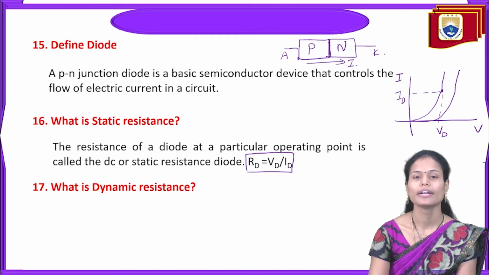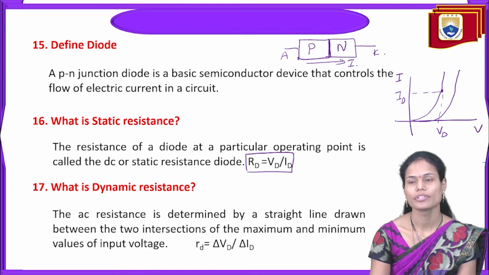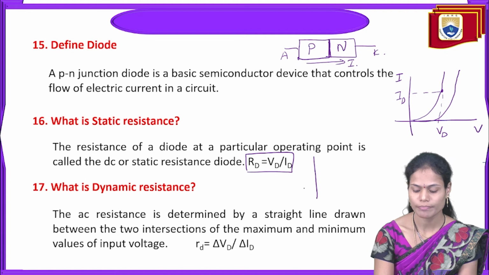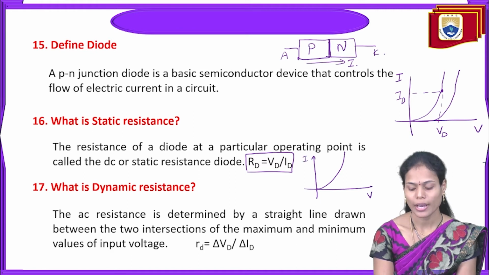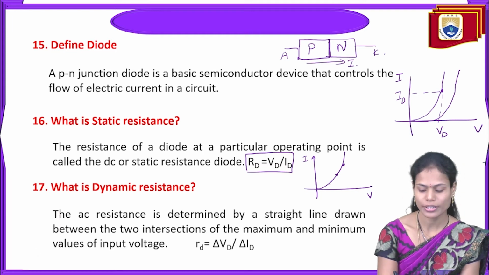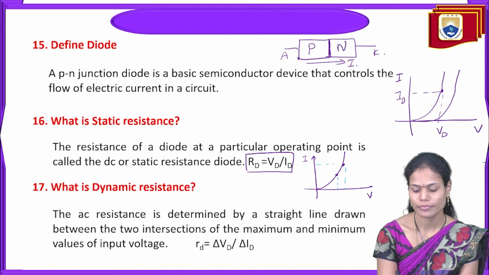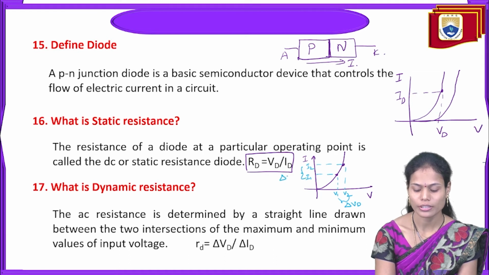Next is define dynamic resistance. The dynamic resistance of the diode we can determine again from the VI characteristics of the diode. Here I take two different points on the characteristics: V1, V2, and similarly I1, I2. V1, V2 I indicate with delta VD, and I1, I2 with delta ID.